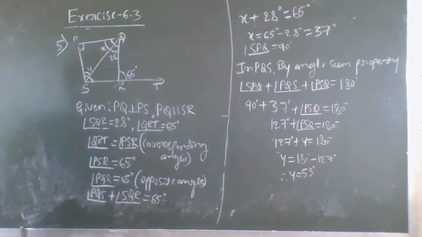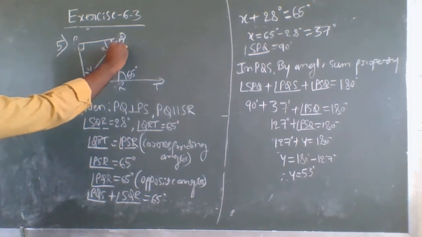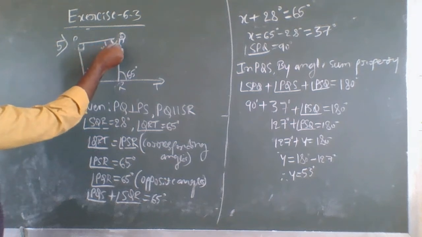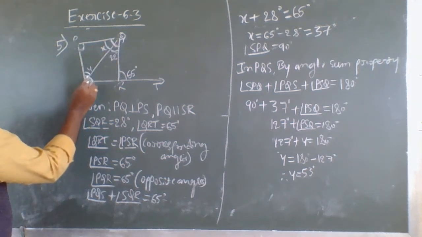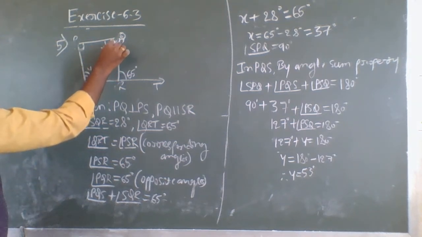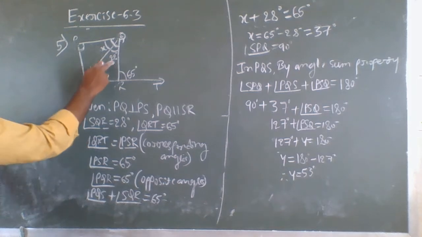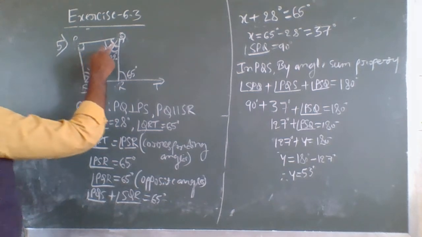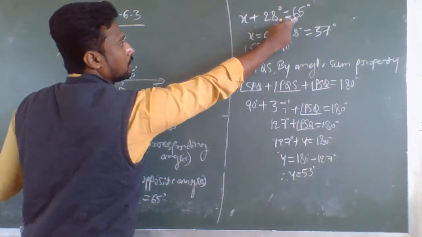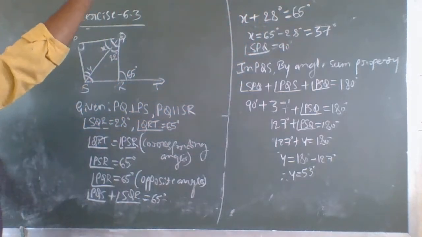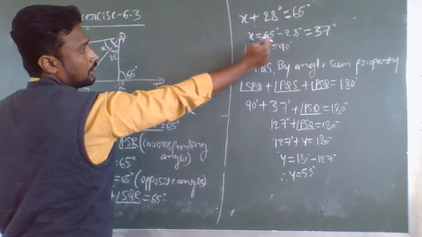Now, if this complete angle is 65 degrees, then this angle is divided into two parts, angle x and 28 degrees. Therefore, angle x plus 28 degrees is equal to 65 degrees. Here I have written x plus 28 degrees is equal to 65 degrees. So by using that, we calculated the x value.